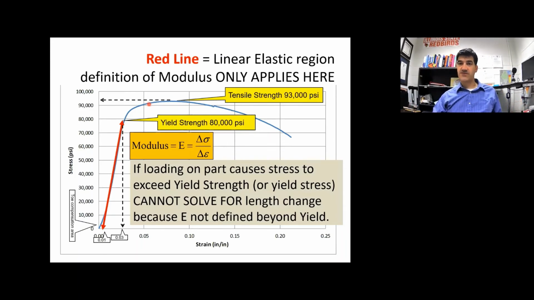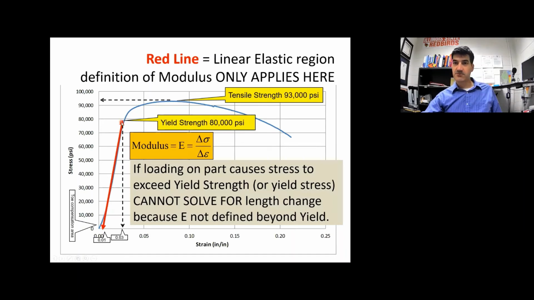So, okay, that's fine. But if you are doing a problem where you want to calculate the change in length, or you want to do a problem that uses the elastic modulus, you can't. The only time you can use the elastic modulus is if you're below the yield stress, all right?